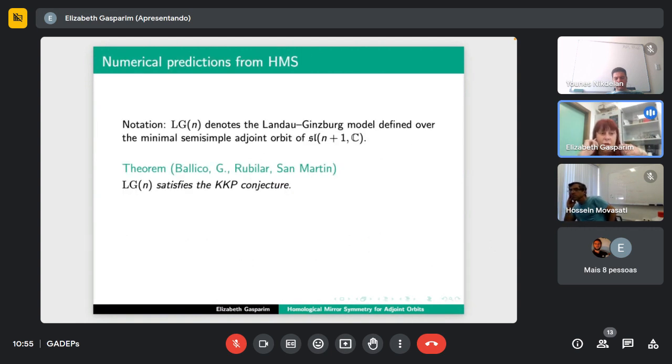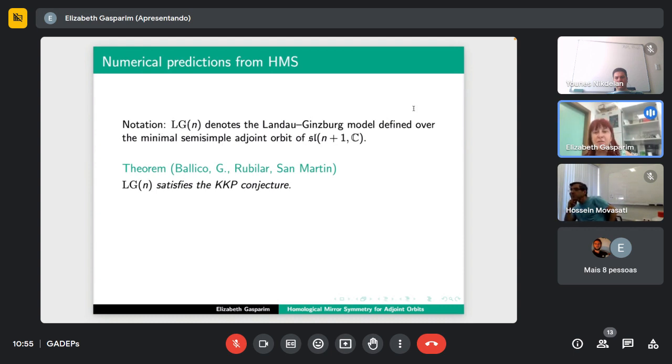Before I go to look for the Fukaya category or anything like that, let me comment on the Hodge theoretical part. Let me see what happens to the Hodge theory of these examples we construct. Let's look only at the Lie algebra SL_{N+1}, and we denote it here by LG_N.